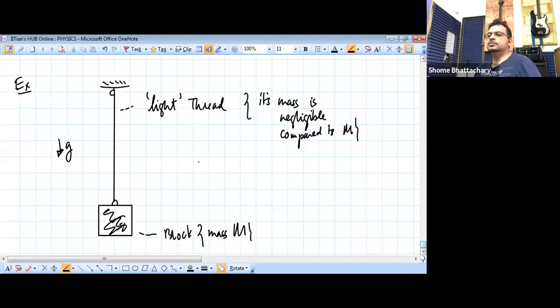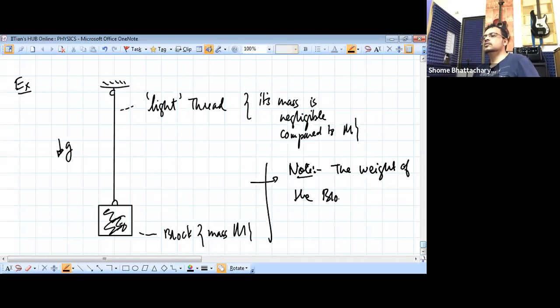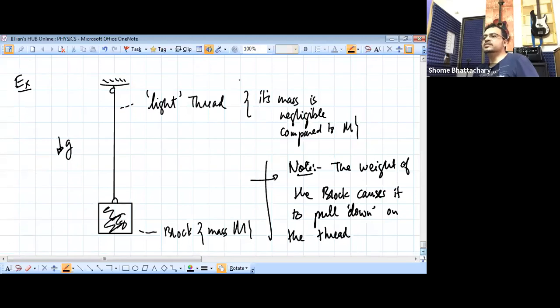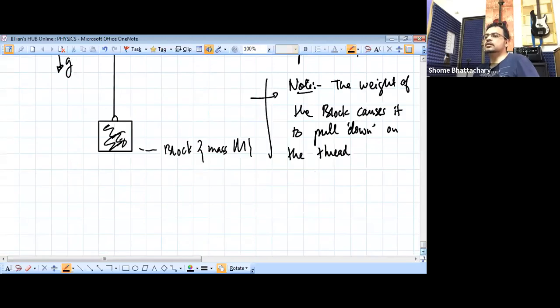So we will see that here, in this case, the weight of the block literally causes it to pull down on the thread. Okay. And this causes the thread to be in a stretched state, or to develop a tension.